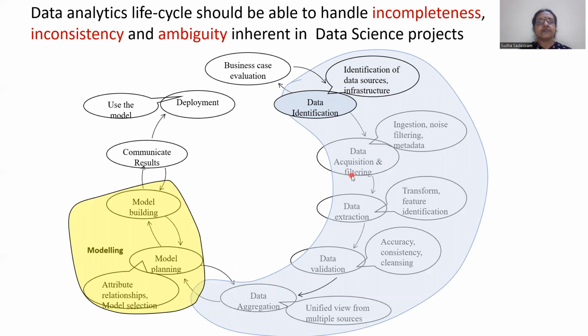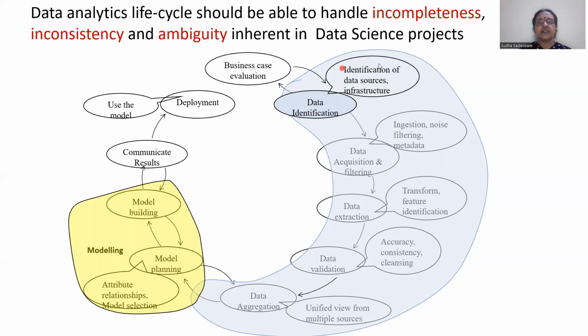The traditional software engineering lifecycle cannot be used because of the inconsistency and the ambiguity that is inherent in data science projects. So this is the life cycle that is followed, which consists of three major phases. The first phase is the business case evaluation phase, where the basic requirements are obtained.